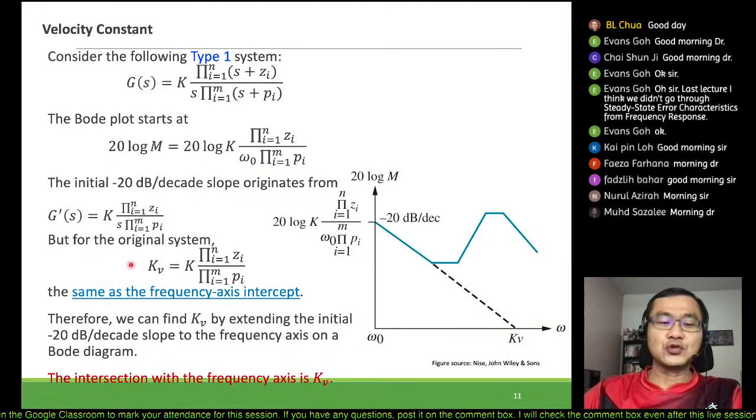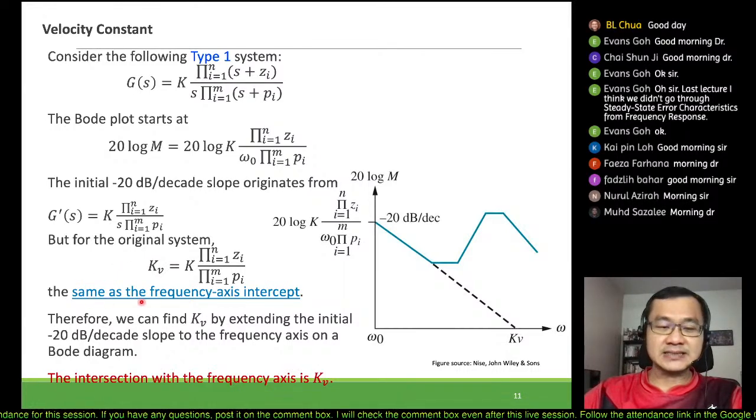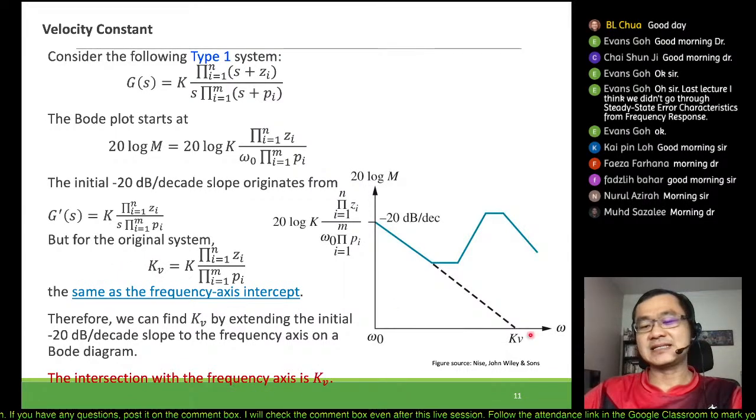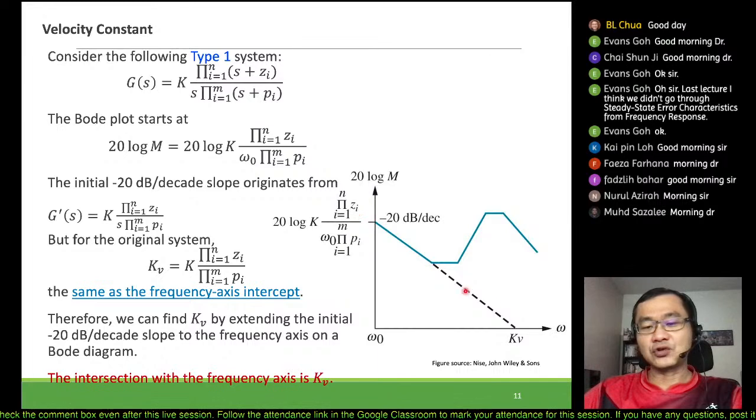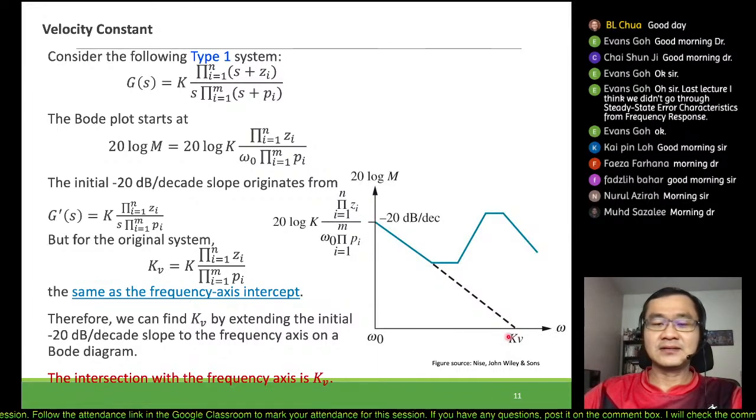Therefore we would say that the velocity constant is the frequency axis intercept. So remember, you have to draw a minus 20 dB per decade line and extend it for you to get this kv.